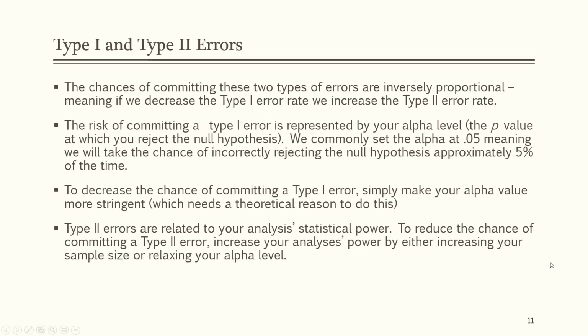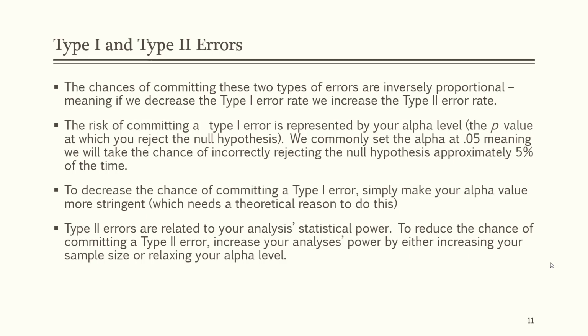And again, from a statistical perspective, committing the type 1 or the type 2 error, they're going to be inversely proportional because they're related. So if we decrease the probability of committing the type 1 error, we're going to increase the probability of committing the type 2 error. Again, the alpha level, we commonly set at 0.05, meaning that we'll take the chance of incorrectly rejecting the null hypothesis approximately 5% of the time.